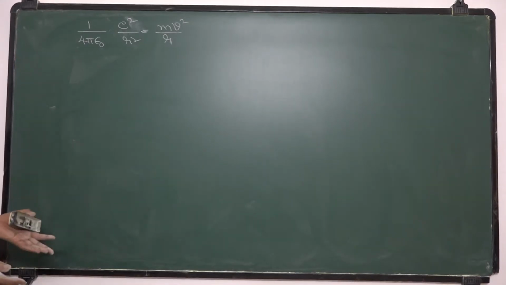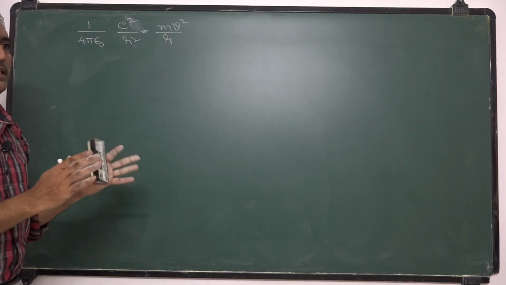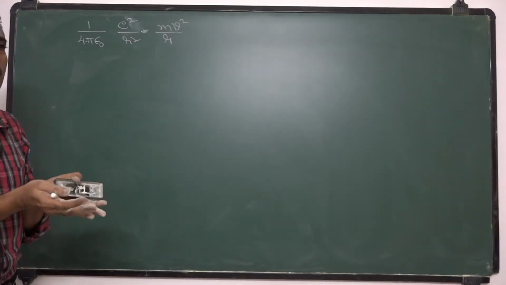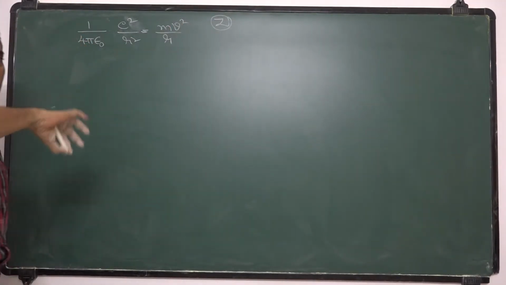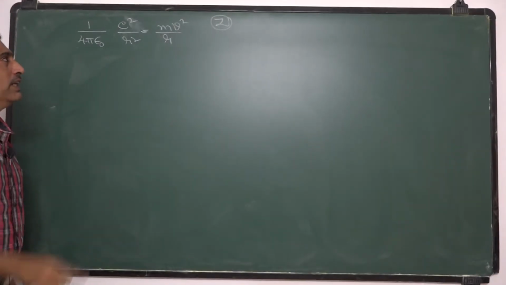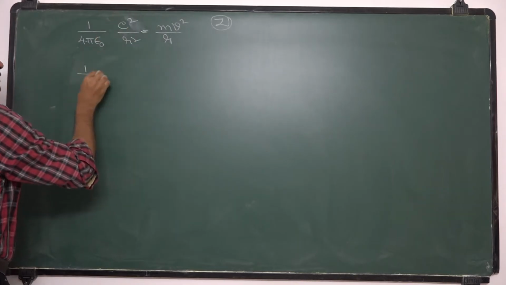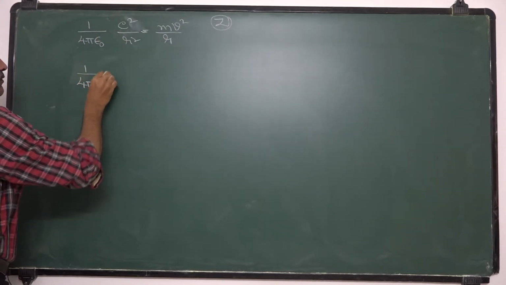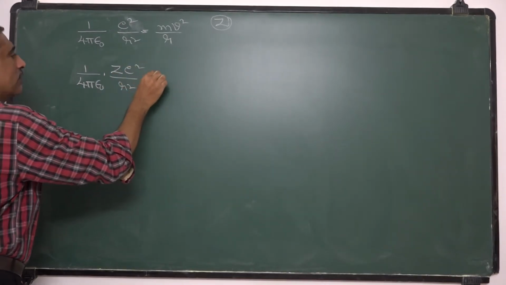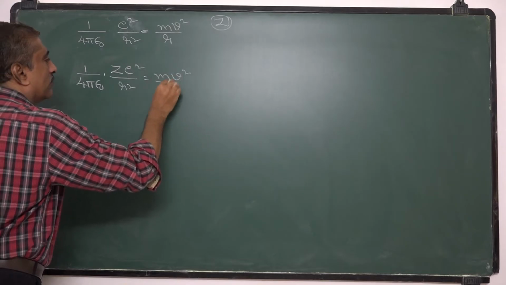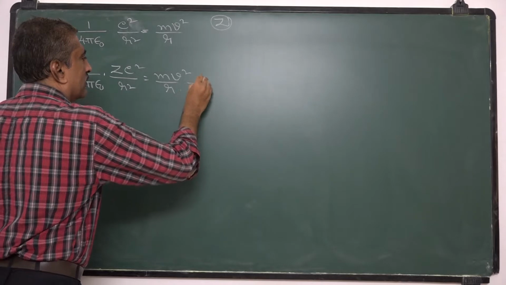But for a hydrogen-like atom or ionized helium or lithium, if that particular ionized atom has Z number of protons inside its nucleus, in this case this equation changes to 1 by 4 pi epsilon naught into Z e square by r square is equal to mv square by r. This is the first equation.